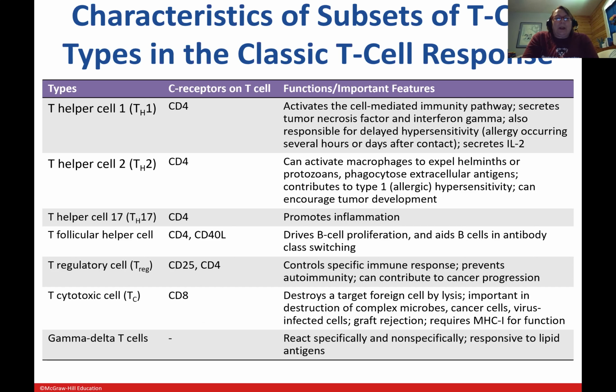Okay, we've also talked about T regulatory cells. These are the ones that sort of ramp the immune response down at the end. Part of that is to prevent autoimmunity. If you have the immune system just going crazy looking for a particular pathogen, it may make a mistake and start, especially if you have a cell that is infected by that particular pathogen.